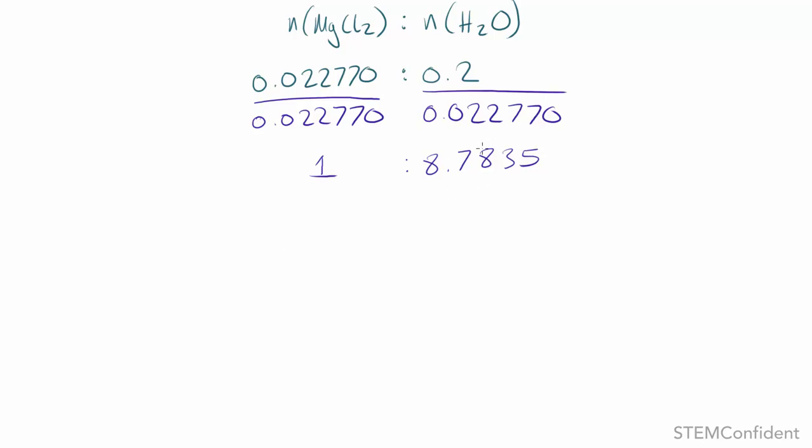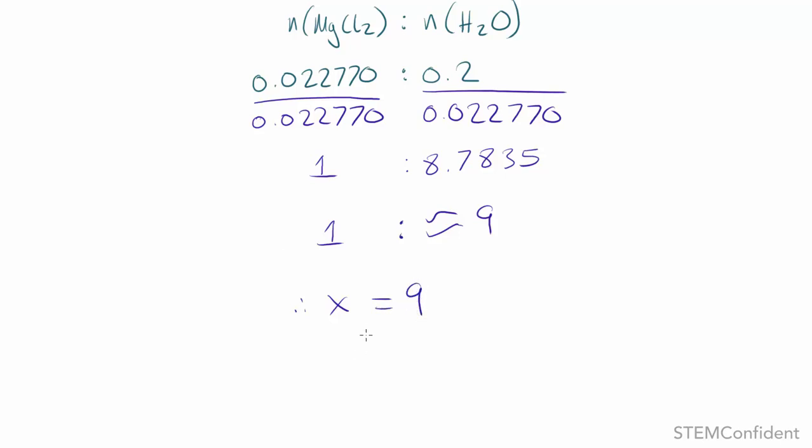So with the number we've got here relating to the H2O, we're going to need to round it to the closest integer. Because we've got 8.78, we do need to round it up, and so that's going to round up to 9. So in effect, it's in a ratio of 1 to approximately 9, and therefore we're going to say x is equal to 9.